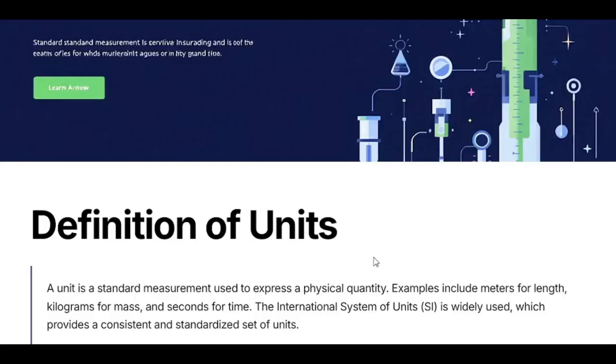Now there are several types of units. We have the CGS units, we have the SI unit, but basically in physics we talk about just the SI unit. SI actually represents the International System of Units.